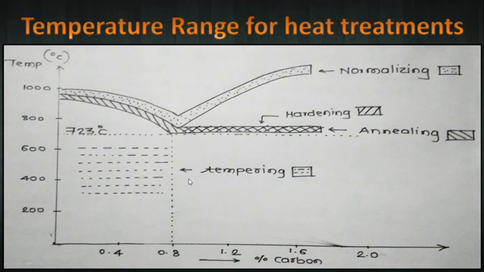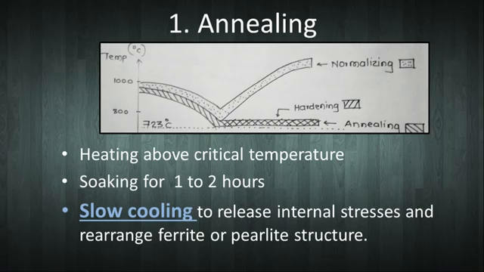Let us see the heat treatments one by one. First one is annealing. In annealing, material is heated 20 degrees Celsius above its critical temperature.